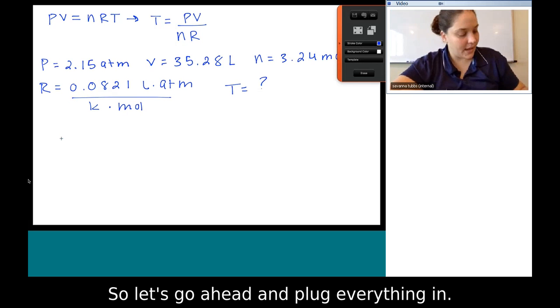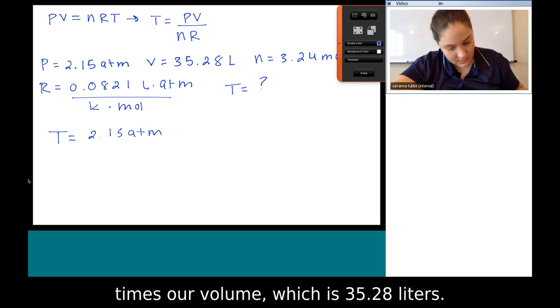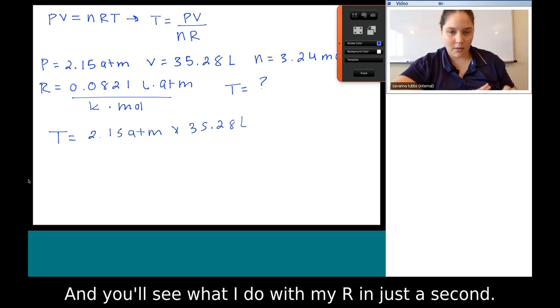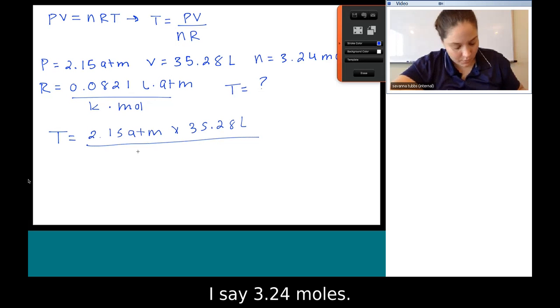So let's go ahead and plug everything in. So we'll say our pressure, 2.15 atm, times our volume, which is 35.28 liters. And you'll see what I do with my R in just a second. So I set this up like that. I say 3.24 moles.